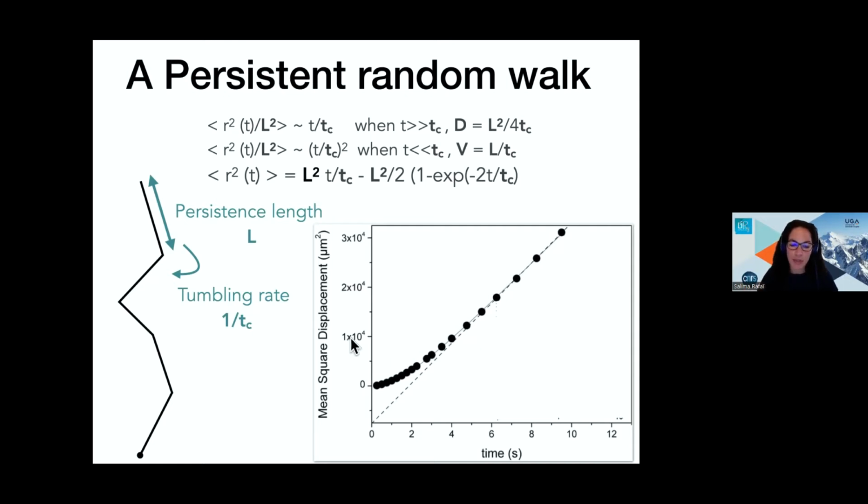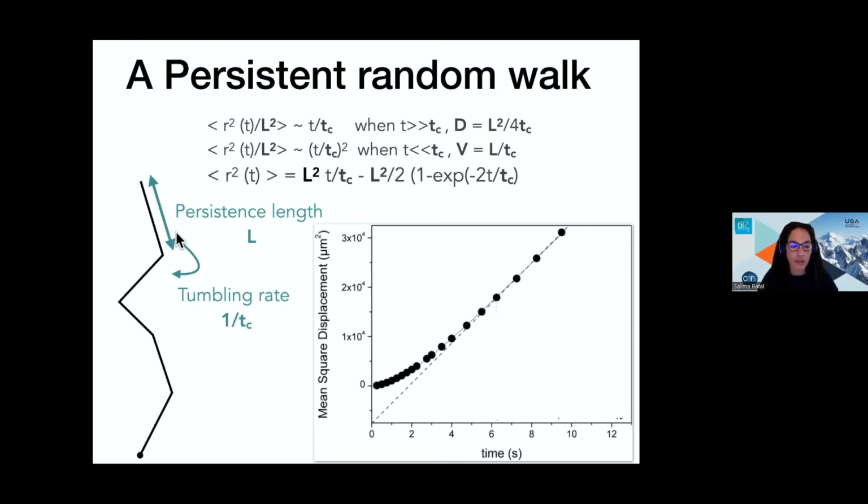What we can measure is that the mean square displacement as a function of time has a two-regime behavior. You can see a linear behavior at long time scale, which corresponds to a diffusive-like behavior, a random-like behavior. And at a shorter time scale, this can be shown to be a quadratic behavior, where the system is purely ballistic.